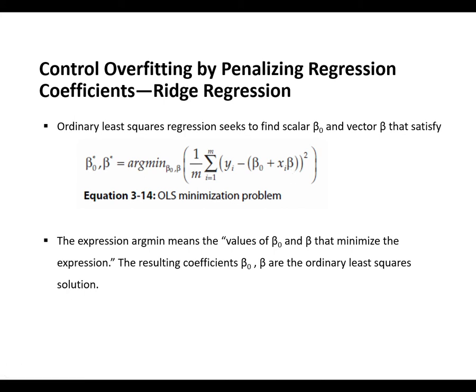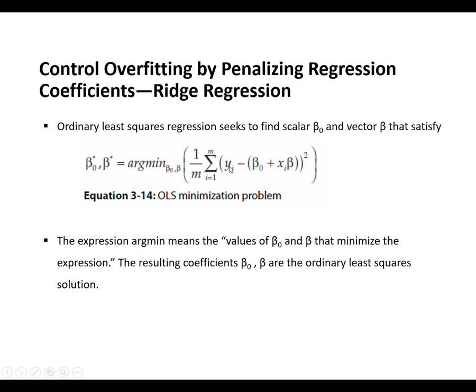So, if the value of beta is very close to 0, definitely when you multiply it with xi, the value is going to be very close to 0. What it means is, we are not totally eliminating one particular attribute or multiple attributes, but we are minimizing their effect on this particular difference.